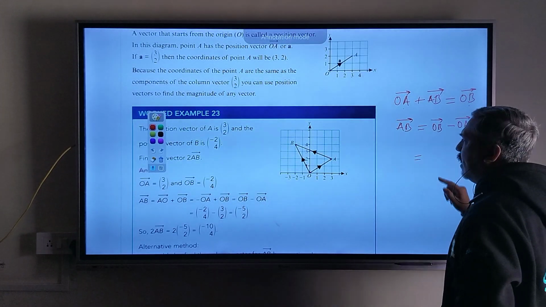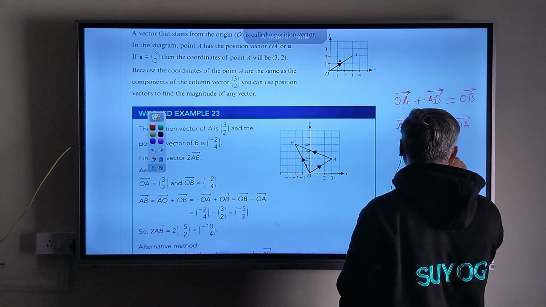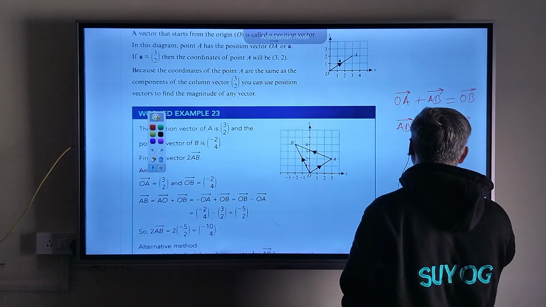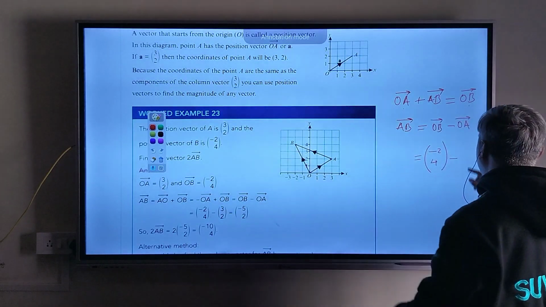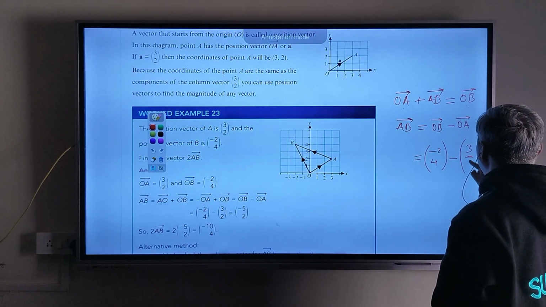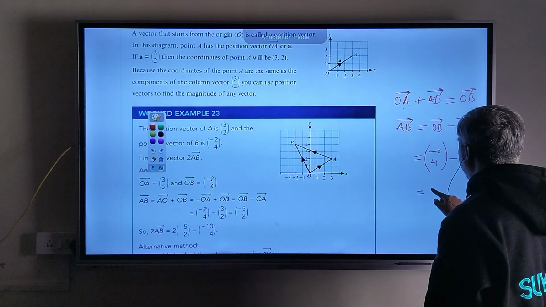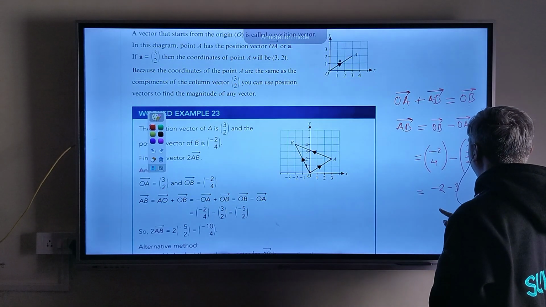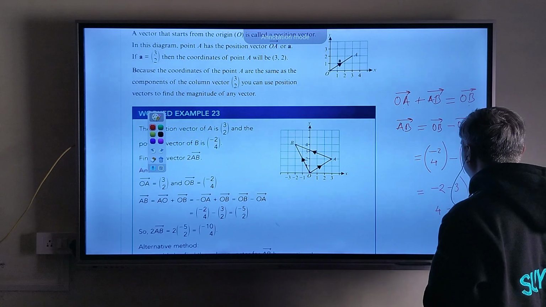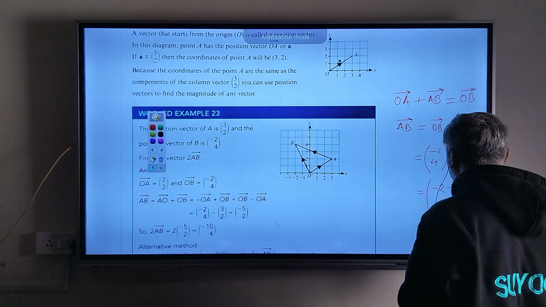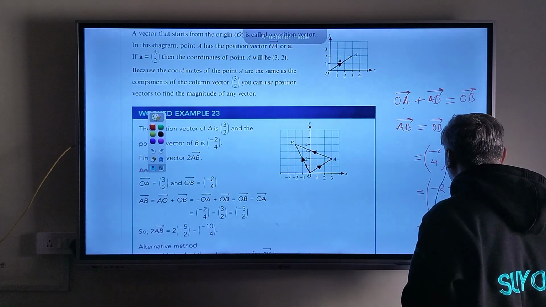And OB bar is (-2, 4) minus (3, 2), which is equal to (-2 minus 3, 4 minus 2), which is equal to (-5, 2).